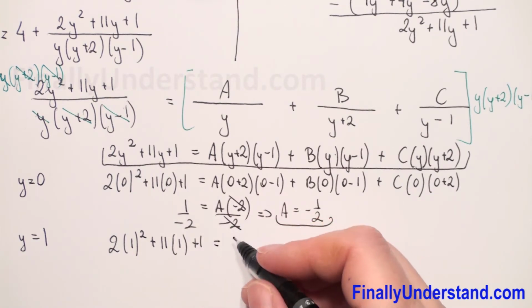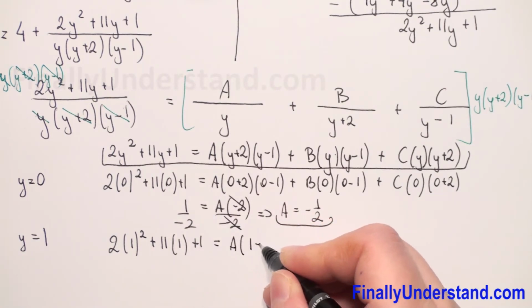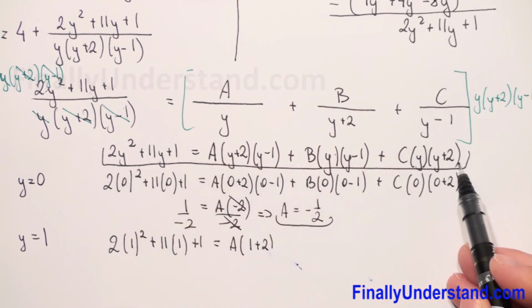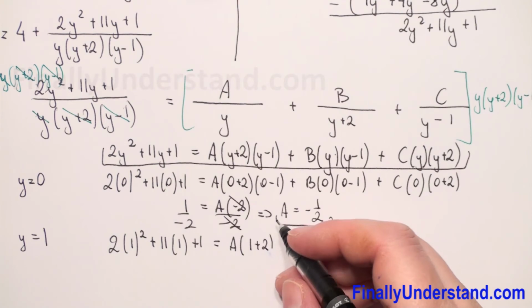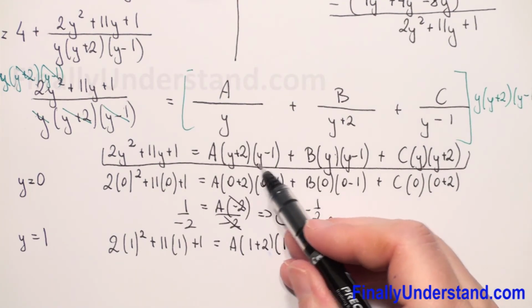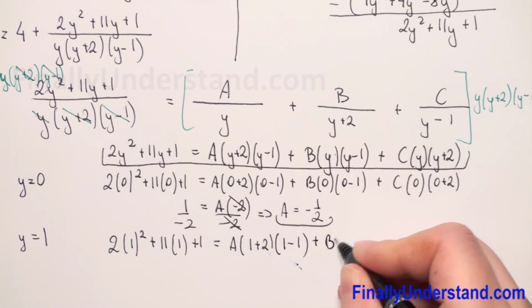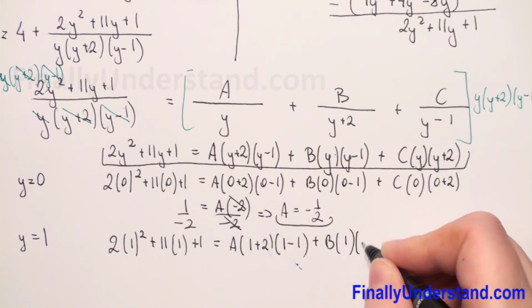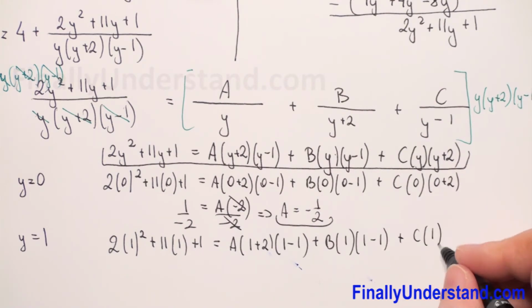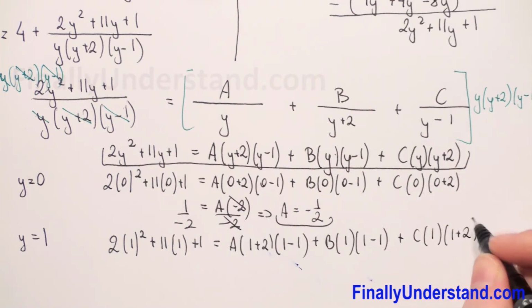This is equal to a times (1 plus 2)... we just substitute every y by 1 now. So we have (1 minus 1) plus b times 1 times (1 minus 1) plus c times 1 times (1 plus 2).